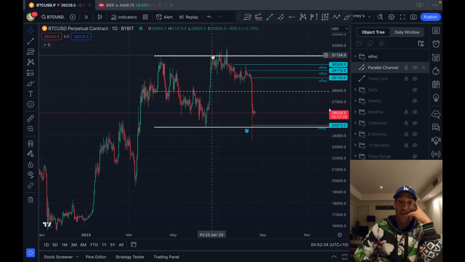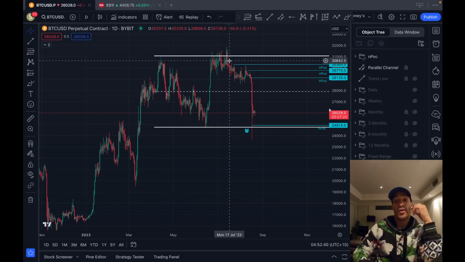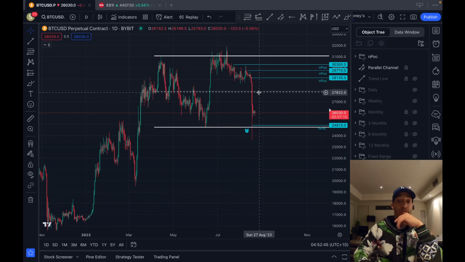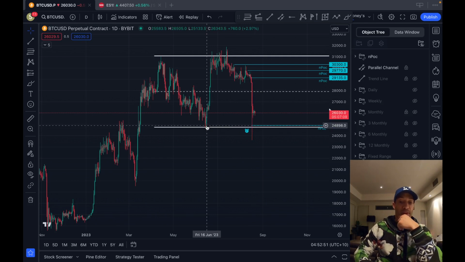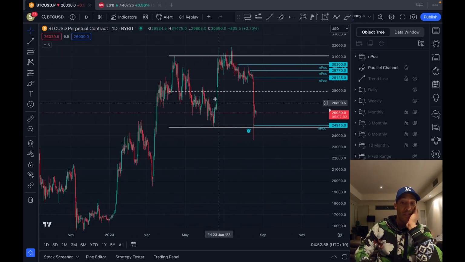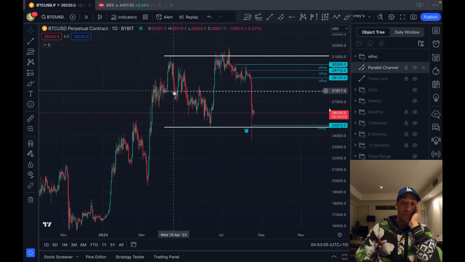It's been respected over here from the 23rd of June all the way up until the 14th of July, where we got that rejection, and we proceeded down to the middle of the channel, and actually we sliced straight through that, and we found support at the previous low from the 16th of June. So you can see that channel has been quite well respected at the 50% level of the channel, where it's been a support and resistance level.